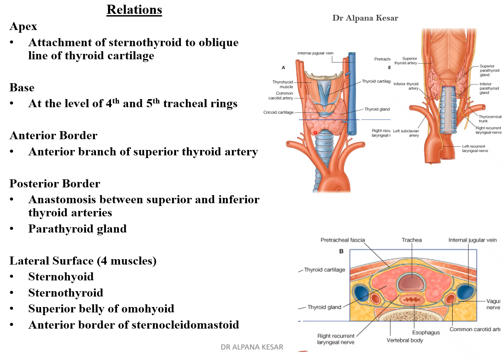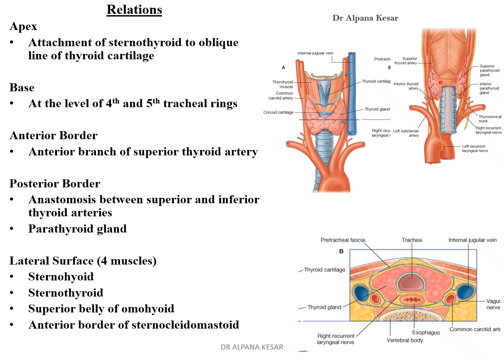The superior thyroid artery divides into anterior and posterior branches, where the anterior branch runs on the anterior border and the posterior branch runs on the posterior border of the thyroid gland. The posterior branch of superior thyroid artery that runs on the posterior border anastomoses with the inferior thyroid artery.